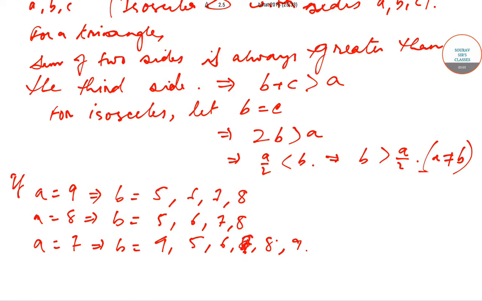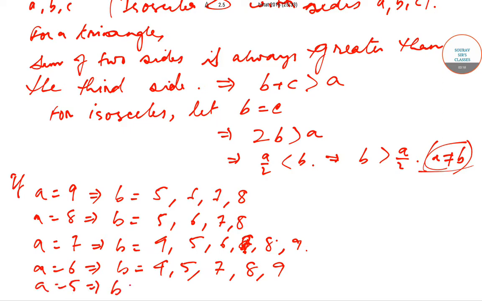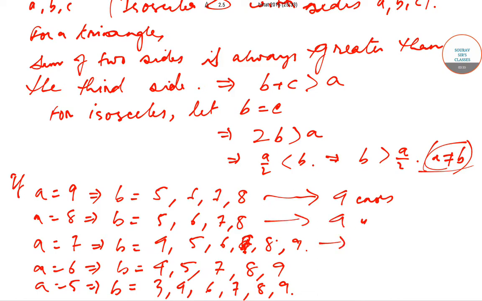So like this, if we find out for A equal to 6, then B will be equal to 4, 5, 7, 8, 9, since 6 won't be there. A equal to 5 implies B is equal to 3, 4, 6, 7, 8, 9, since 5 cannot be there. So here we have got 4 cases, here 4 cases, here 5 cases, here 5 cases, here 6 cases.